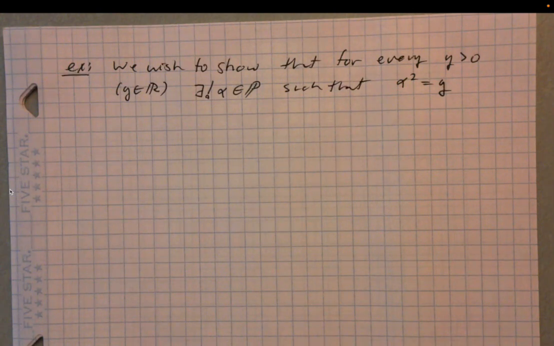Okay, so this is going to be an interesting proof, right? What we're trying to show is that every real number greater than 0 has a square root.